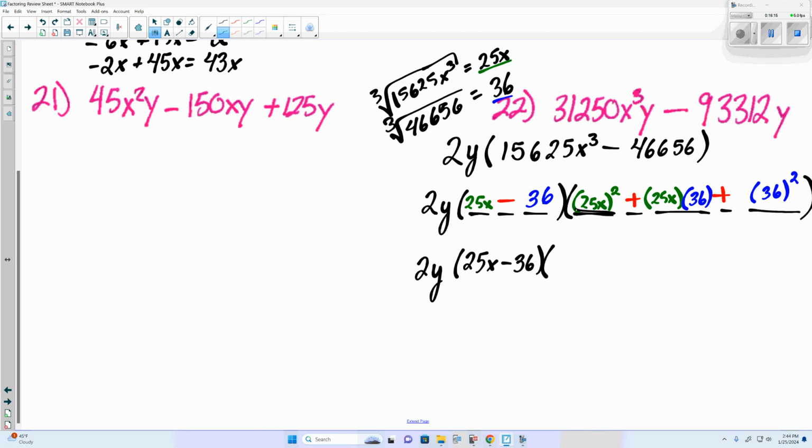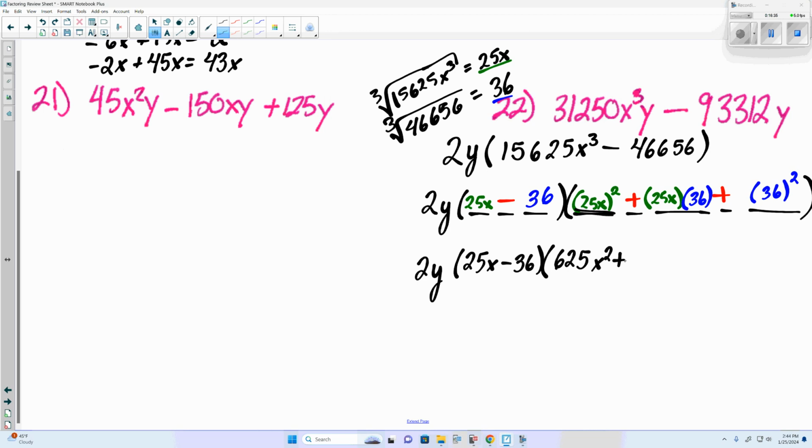Now the next thing we're going to need to do is square 25x. We're multiplying it by itself. So we're saying 25 times 25, which should be 625. And our x times x is x squared.